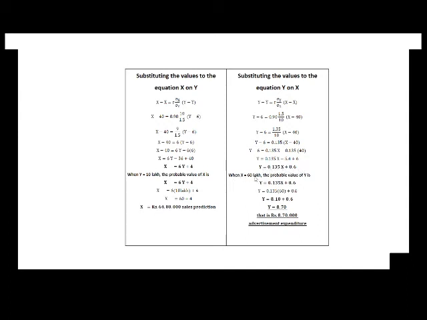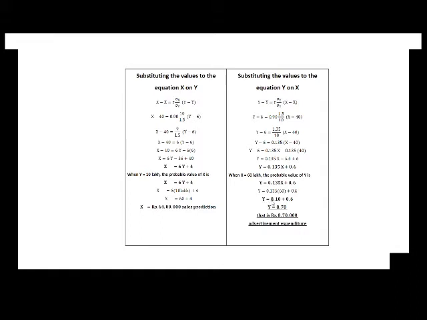When x is equal to 60 lakh, the probable value of y, the advertisement expenditure, should be found with the help of the regression equation y on x. Y is equal to 0.135x plus 0.6. Y is equal to 0.135 into 60 plus 0.6.